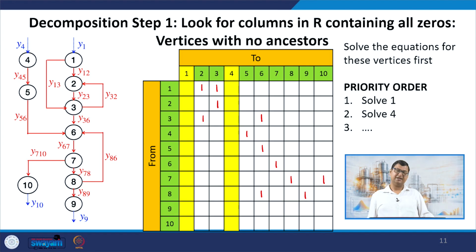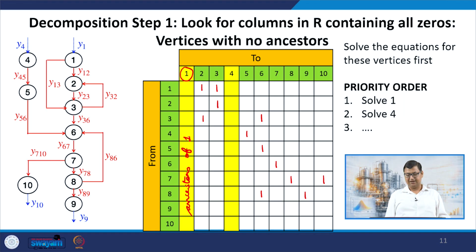What we notice in this R matrix is that there are two columns that contain all zeros. And what do the columns represent? Columns represent where I am coming from. In other words, if I look along the column for vertex 1, let us say, it represents all the ancestors of 1.